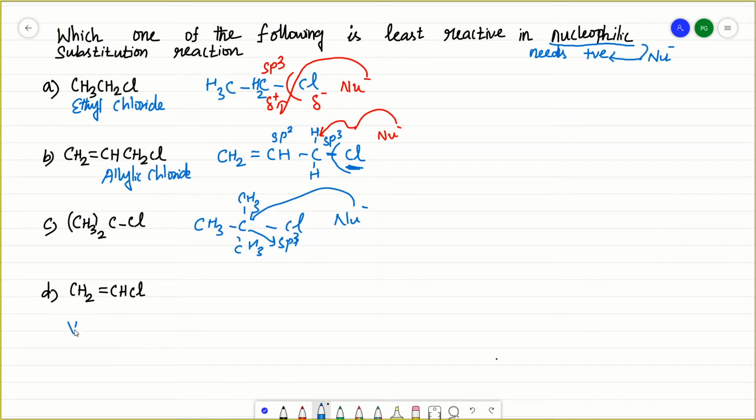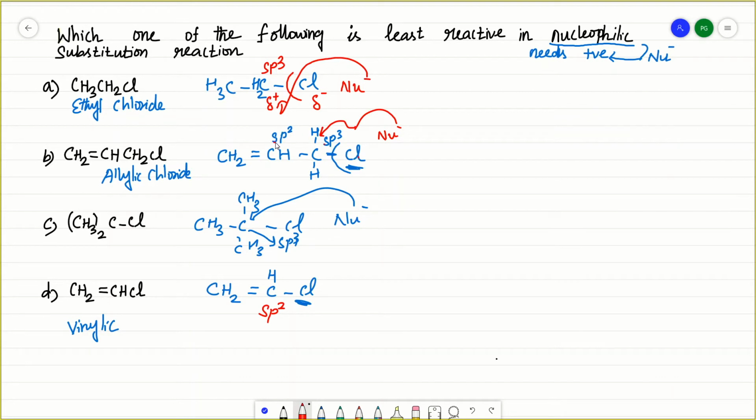See in the case of vinyl chloride. So what is vinyl chloride? This is CH2 double bond CHCl. See, the chlorine is directly attached to an sp2 hybridized carbon, unlike the earlier cases where chlorine is attached to sp3.